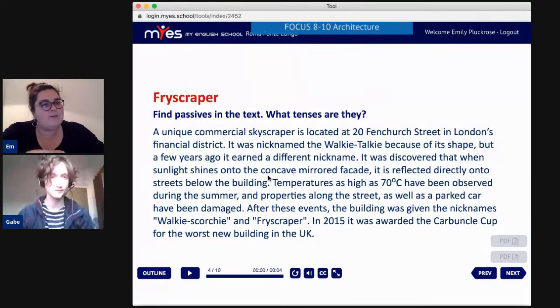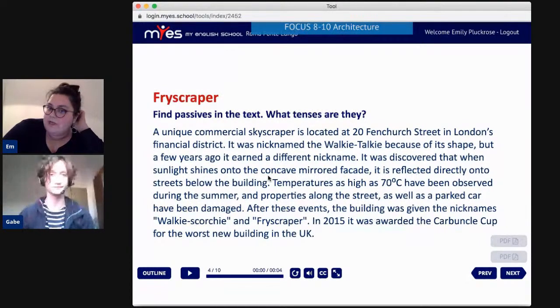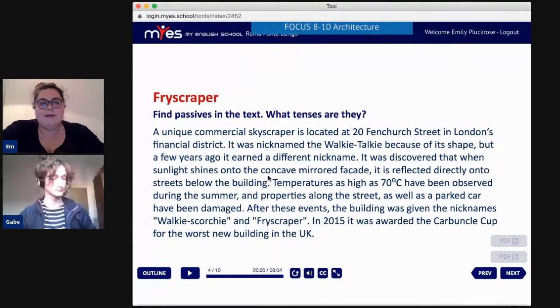A unique commercial skyscraper is located at 20 Fenchurch Street in London's financial district. It was nicknamed the walkie-talkie because of its shape, but a few years ago it earned a different nickname. It was discovered that when sunlight shines into the concave mirrored facade, it is reflected directly onto the streets below the building.